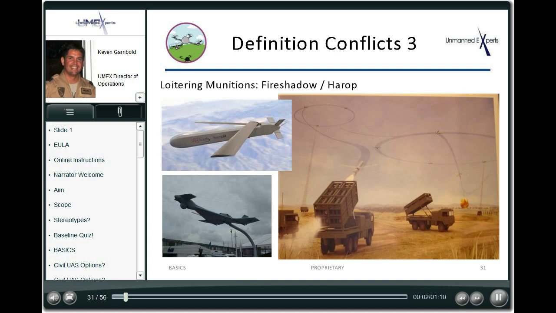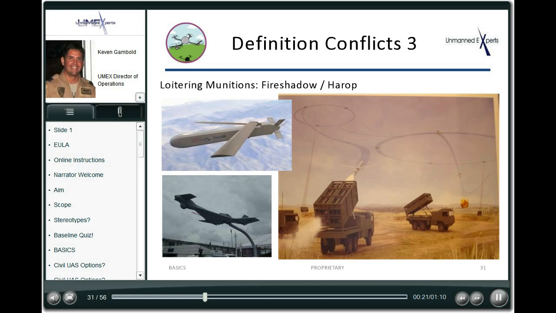Finally, a third area of conflict with those definitions builds on the cruise missile example before, and it's a new capability that's coming on in land forces in a surface-to-surface missile role, as you can see in the main picture, called the loitering munition.